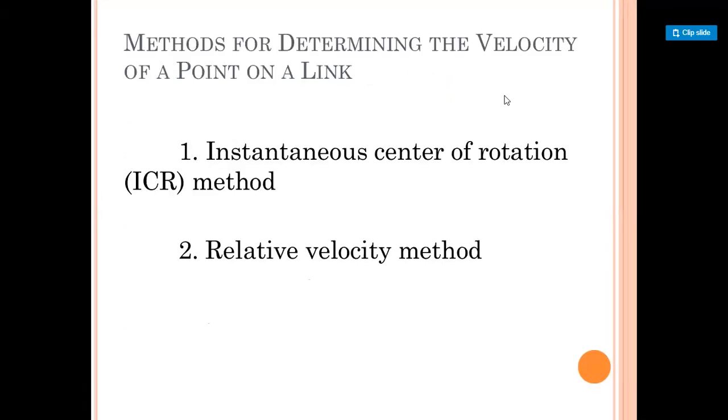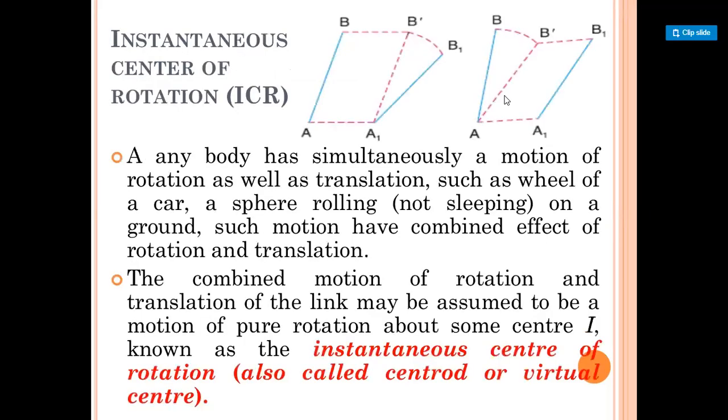As we discussed earlier, the method of determining the velocity of a point on a link has two graphical methods. The first is the instantaneous center of rotation method, or you can say the IC method, and the second is the relative velocity method. In the instantaneous center method, any body has simultaneously a motion of rotation as well as translation, such as the wheel of a car or a sphere rolling on the ground.